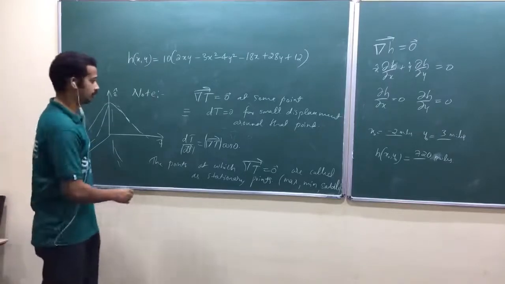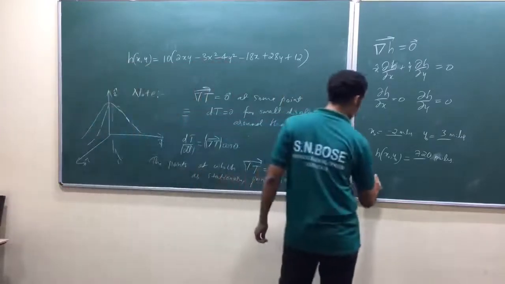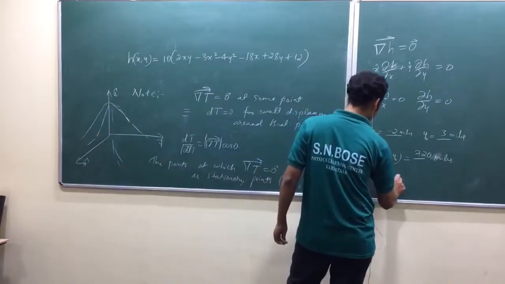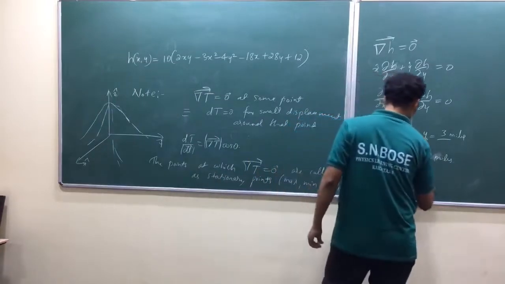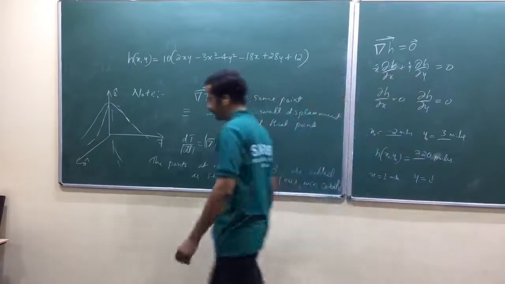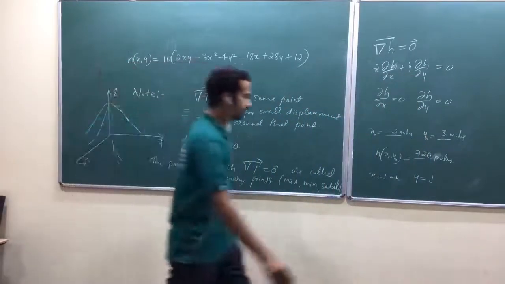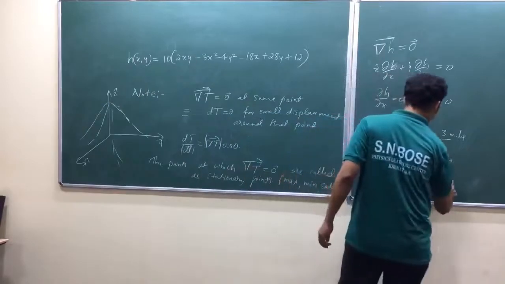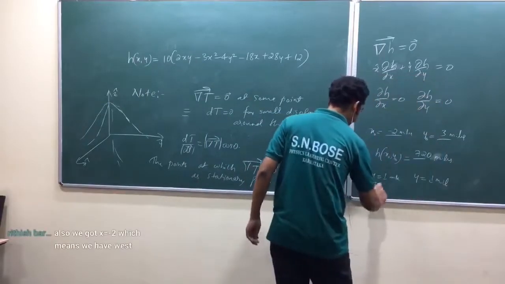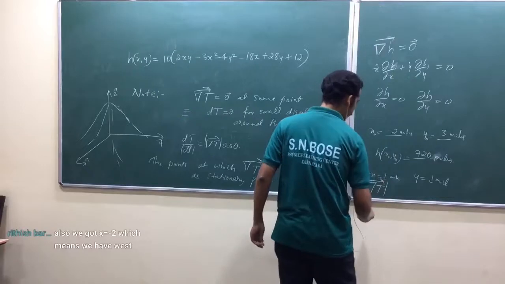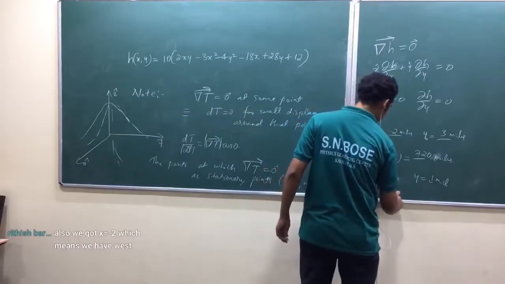How steep is the slope at the point 1 mile north and 1 mile east? That means x equal to 1 mile, y equal to 1 mile. You have to find the magnitude of the gradient of T at (1, 1).